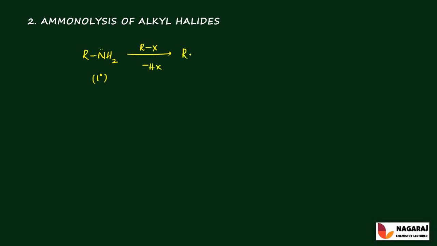The obtained compound is called a secondary amine. This secondary amine again reacts with RX, and there is an elimination of one more HX, so it gives R3N. It is called a tertiary amine, that is, 3 alkyl groups attached to the nitrogen.